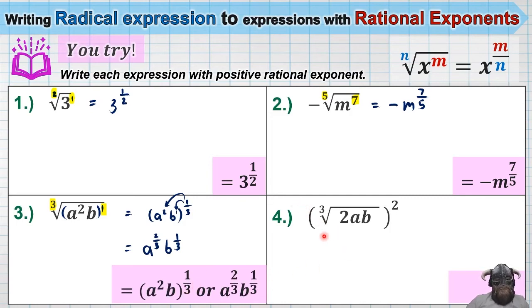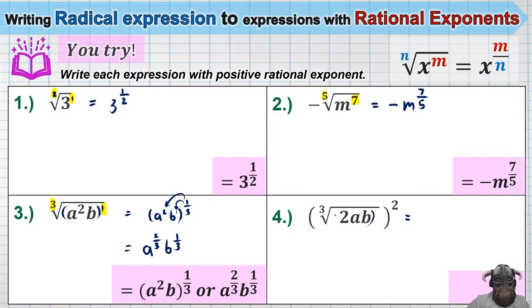Next, let's solve number 4. We have the given, the cube root of 2ab raised to 2. So, kung titignan mo dyan, parang medyo complicated siya at kakaiba siya dun sa mga una nating examples. But to answer this one, yan, disregard muna natin yung 2 dun sa labas. Focus muna natin on converting this one into an expression with rational exponent. So, paano natin gagawin yon? Ganito.